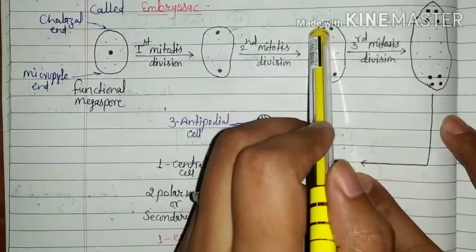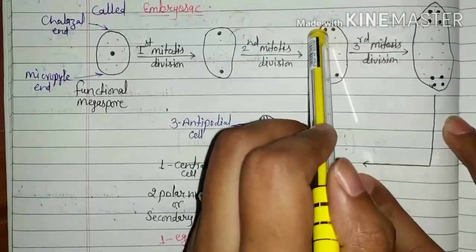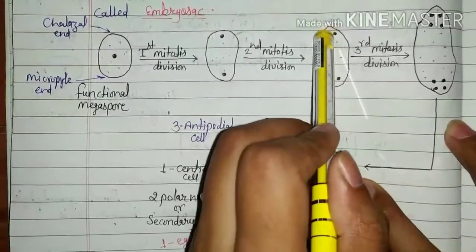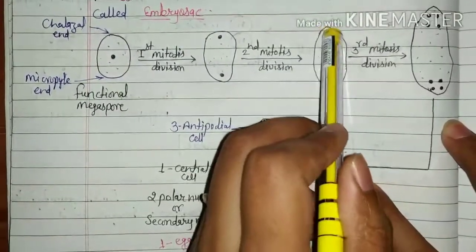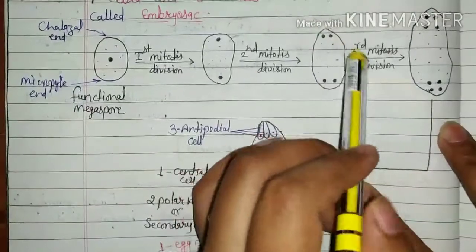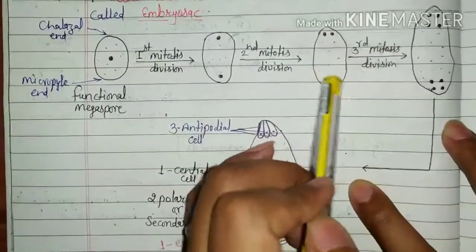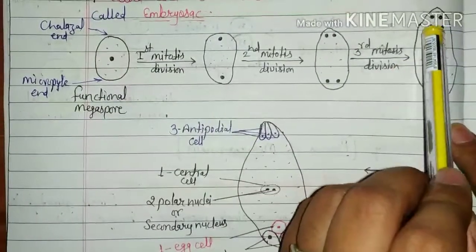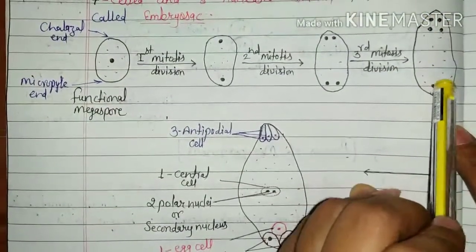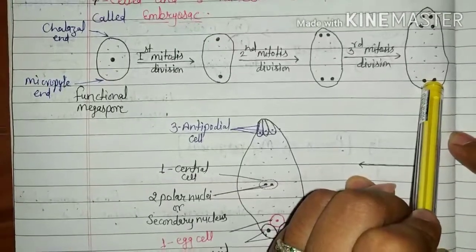The resultant two nuclei are located at each pole. After this, the third mitotic division takes place in these nuclei and forms 8 nuclei in the megaspore.